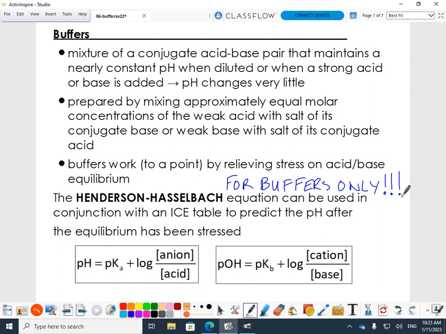Today, that is not going to be true. We are going to calculate the new pH using the concentration of the anion and the acid, or if you have a base, the concentration of the cation with the original base.